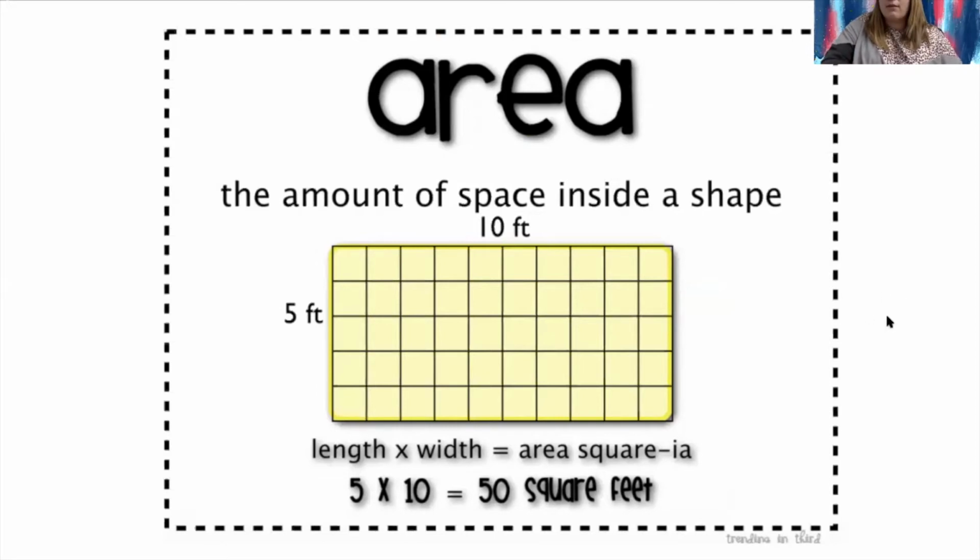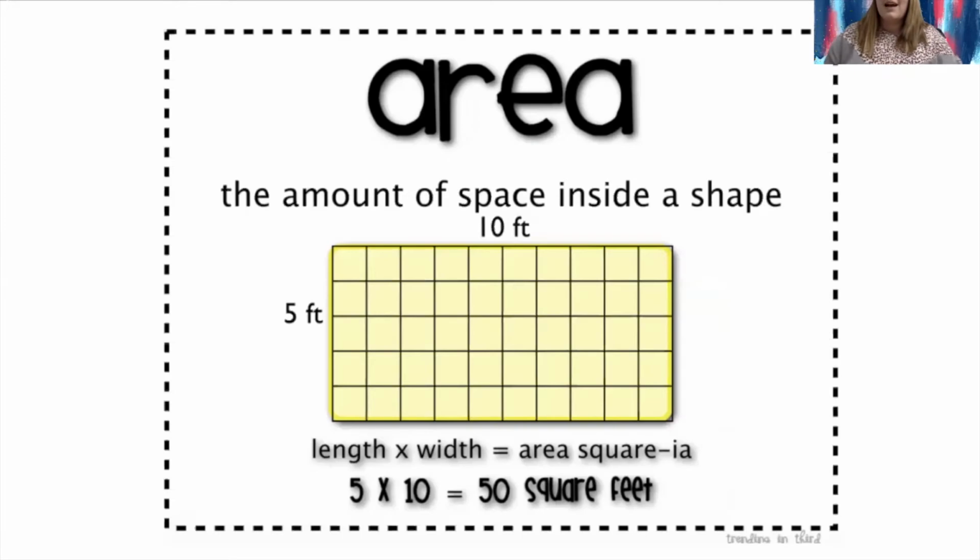Formulas are what we use to solve for a measurement with a shape. If we think back to a few months into the year, we did volume and we had our volume formula. We did something times something times something to find that volume. It was length times width times height.